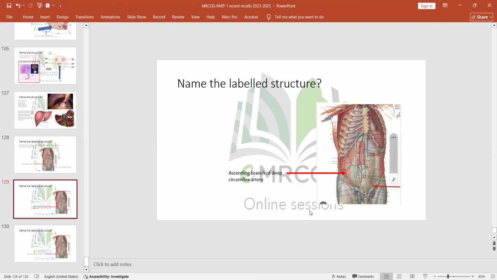I'm telling you, 3 different exams with the same picture, and each with a different labeling. So be aware, please, of the blood supply of the abdominal wall. This is crucial, surgically it is crucial. So let's hope we are going to discuss all of those.